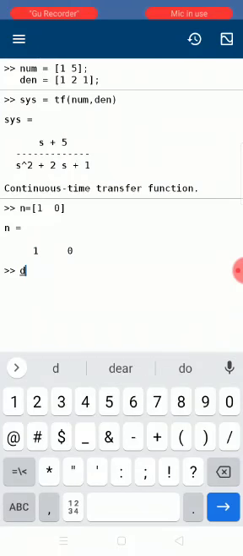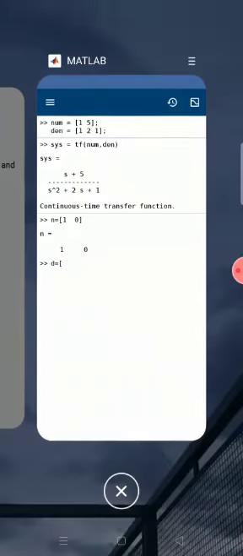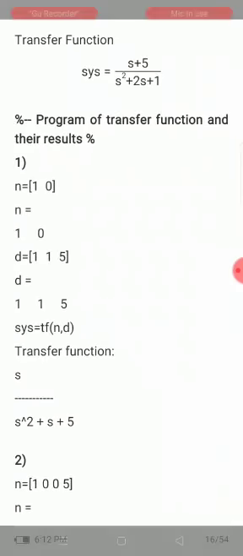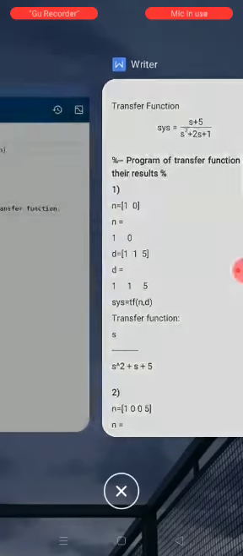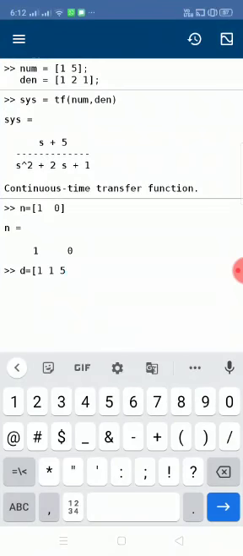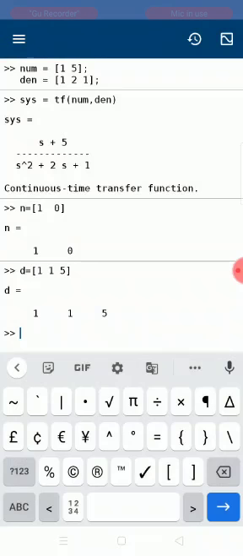Now write the coefficient of denominator. D is equal to, let's see what we are using, 1 1 5. So I am writing here 1 space 1 space 5, close by square bracket. So now the coefficients of the denominator polynomial are written here.